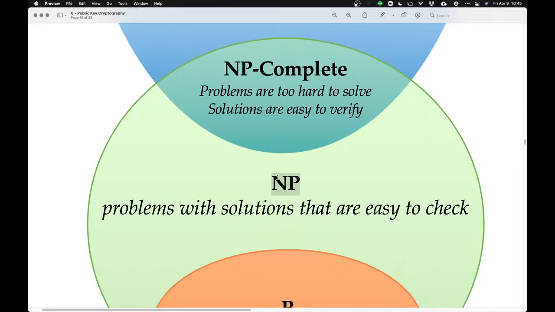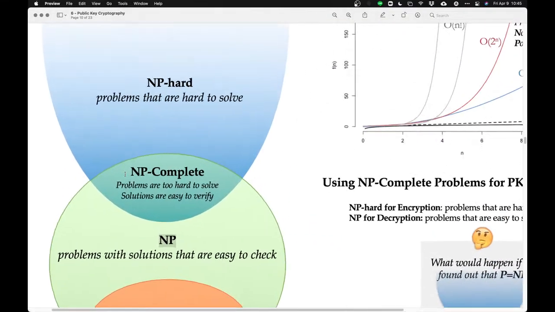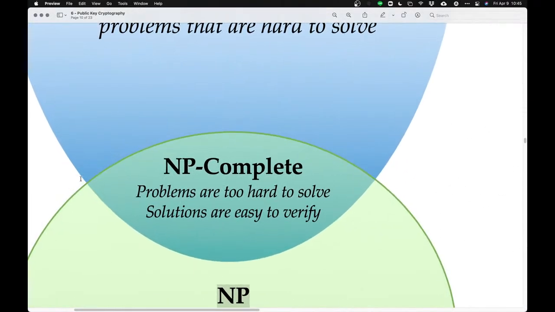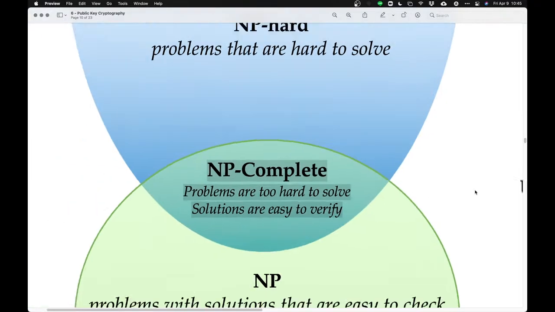A computer could check it in a reasonable amount of time, microseconds, though a human being maybe could not. We want problems that are NP hard and NP. Such problems, the intersection of NP hard problems and NP easy to check problems, are called NP complete. These are problems too hard to solve, but with solutions that are easy to verify.